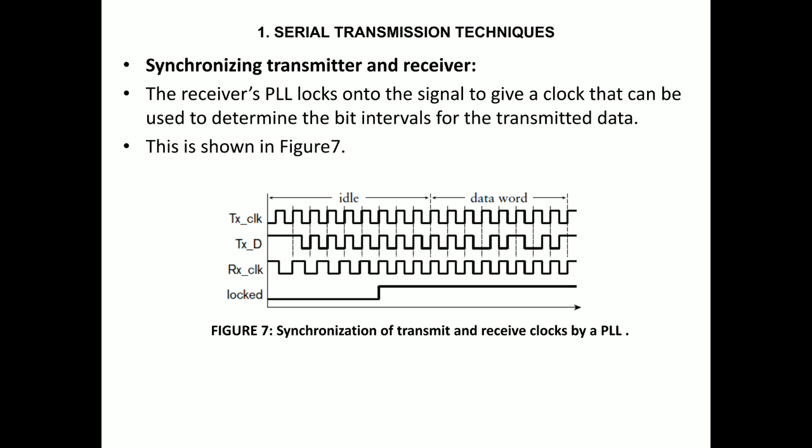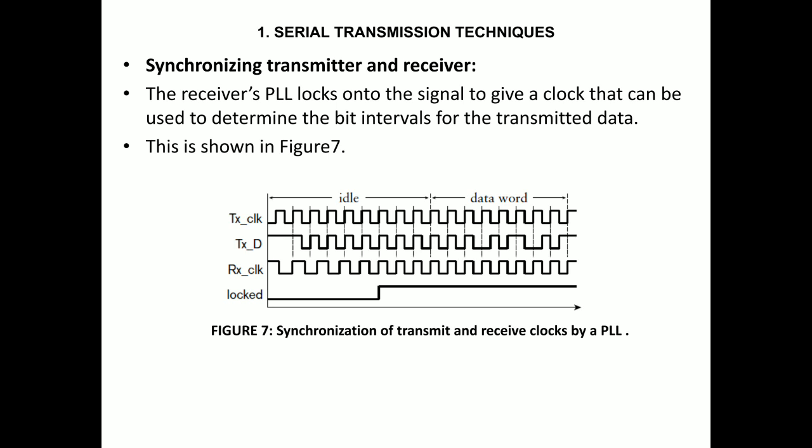I repeat again, we are transmitting the data with a combination of the transmitter clock. The data received at the receiving end is not the complete original; it is a combination of the transmitter clock and data signal. So the receiver end needs to recover the original data. In order to do that, the receiver end will use a phase lock loop.